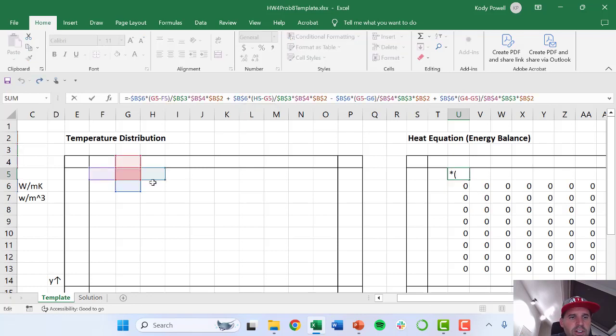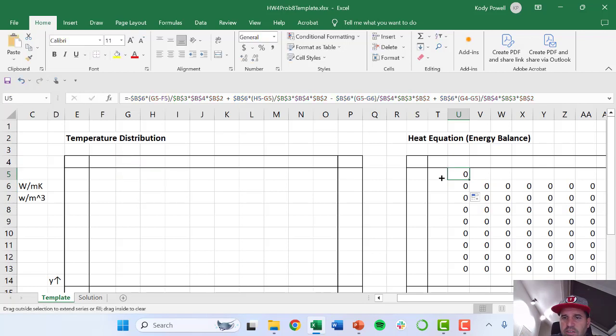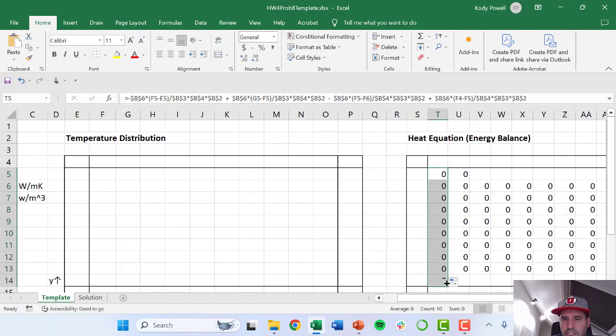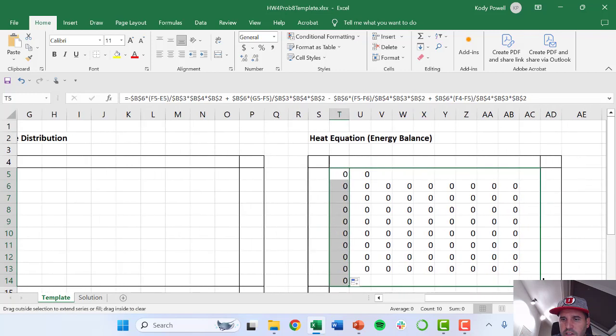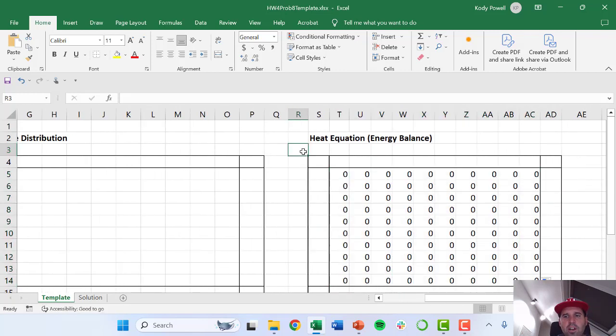So I'm going to hover over it, and now look, it's referencing a temperature that's outside of our control volume, but it's going to pick up the surface temperature boundary condition here. So the way I've set this up, it's actually safe to go ahead and use the same energy balance for these boundary cells. So I'm now just copying my energy balance to everywhere in there.